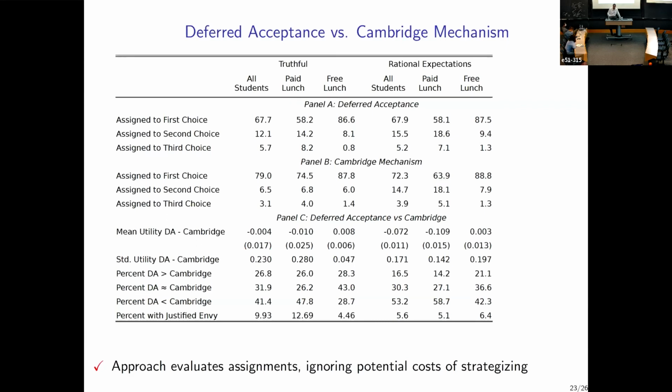This is to a true first choice, and the key thing going on here is that DA doesn't allow parents to express their cardinal preferences. With Cambridge, if you like a school that is competitive, but you don't like it as much, you don't rank it. So you go to the next school.